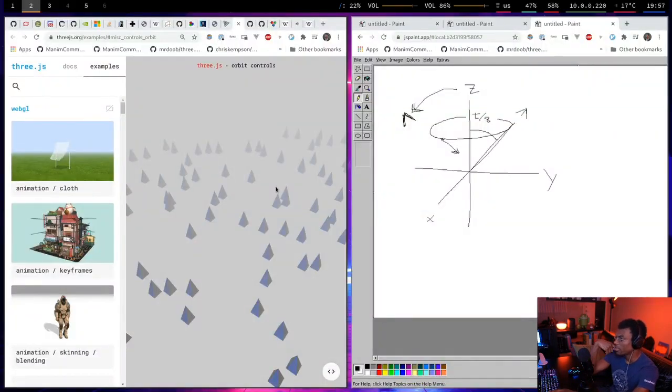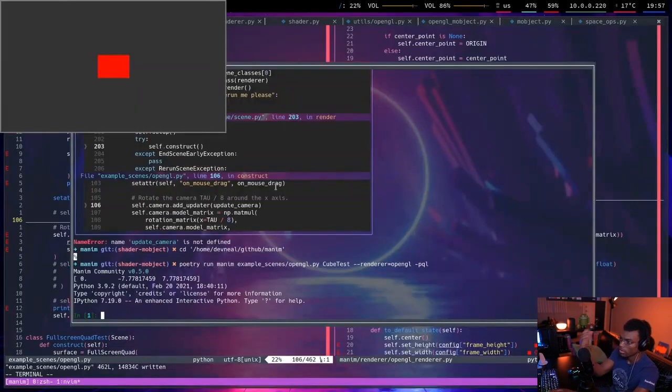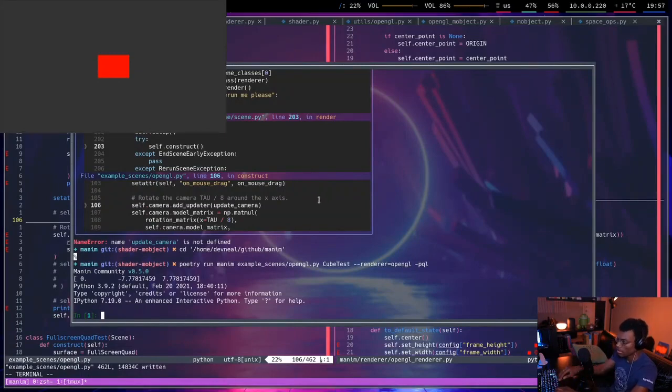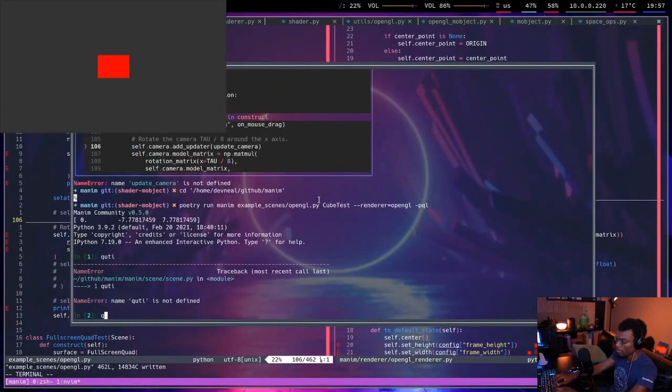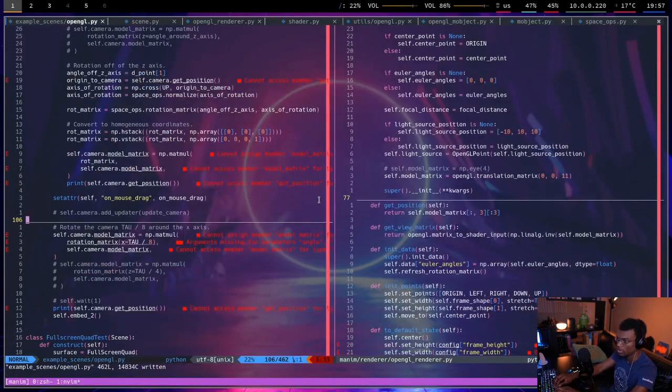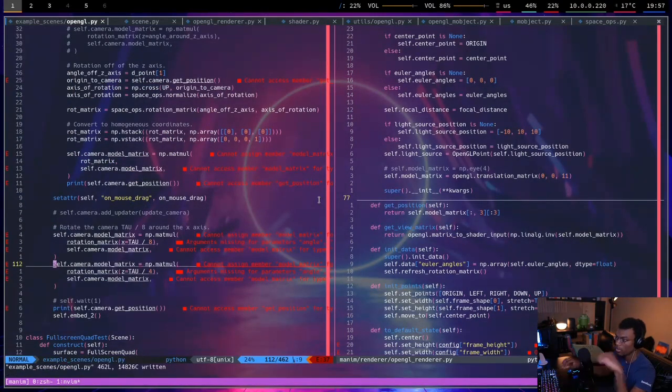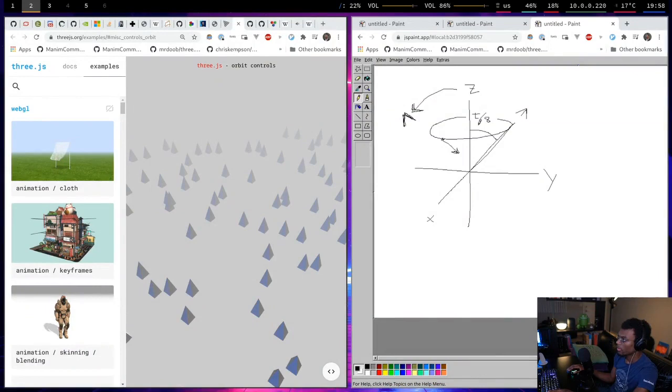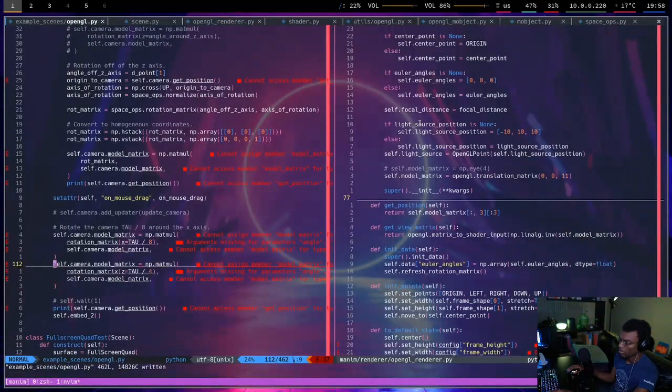So, why does rotating around the z-axis not seem to work? Here's what I'll try doing. Rotate this camera around the z-axis by pi over 2, or like tau over 4. So this is the same thing I did before. First, rotating by tau over 8 around the x-axis, then rotating around the z-axis by tau over 4.